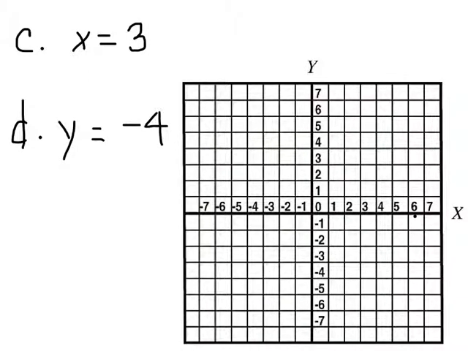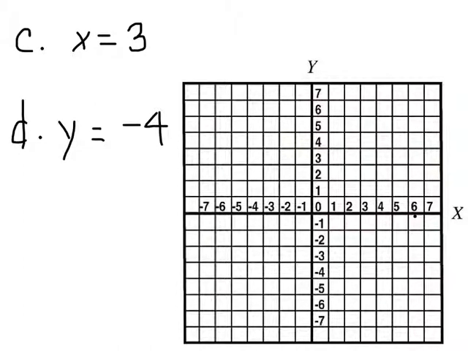Alright, let's do 2 more, C and D. X equals 3, and then Y equals -4. So we know that these are going to be straight lines. X equals 3 is going to touch the x-axis right here, and it will keep going forever.